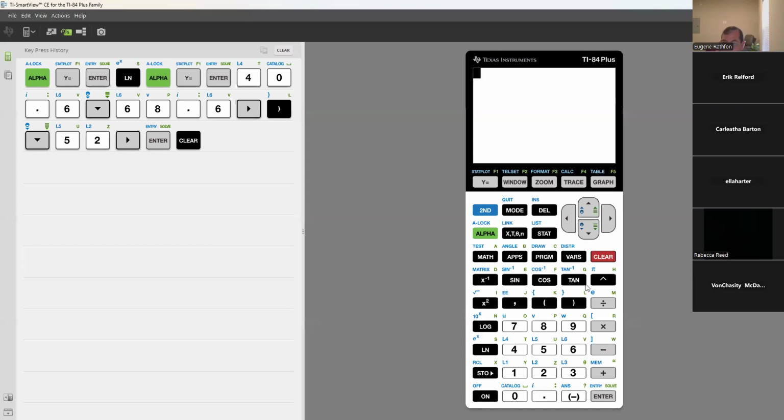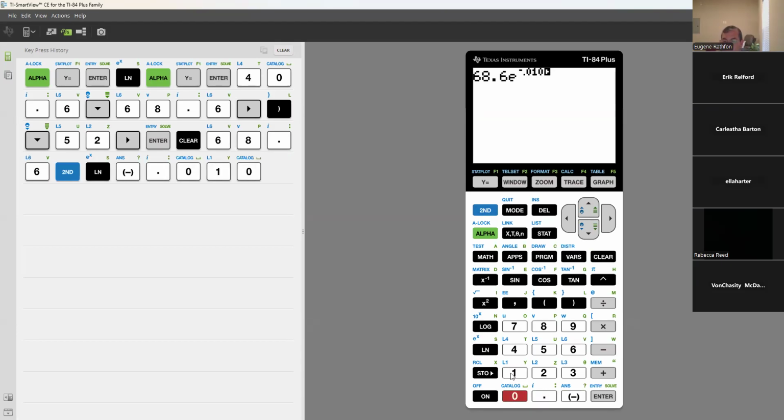All right, so what do we got? 68.6, second LN to get my e with my exponent. And then I had a negative 0.0101 times 55 years.